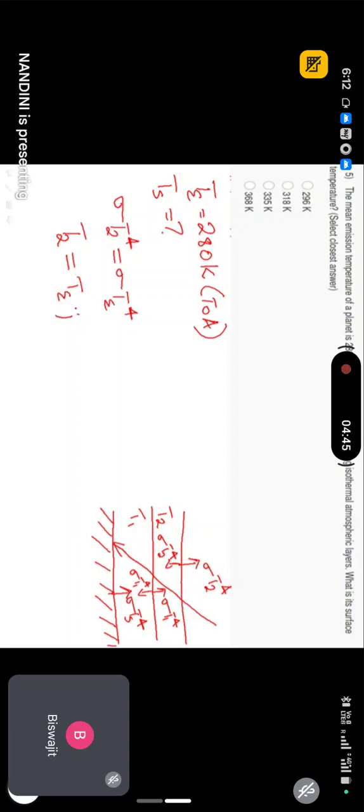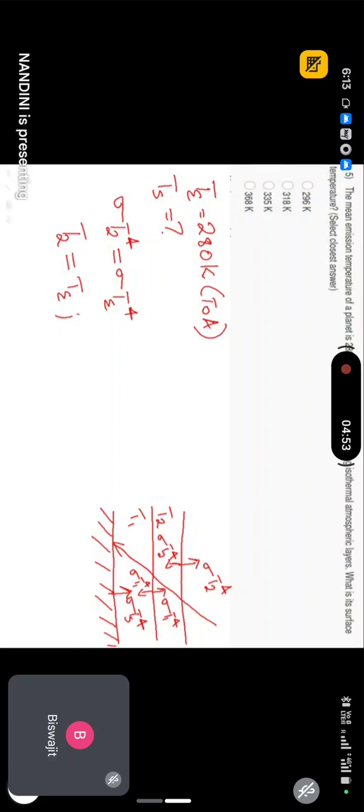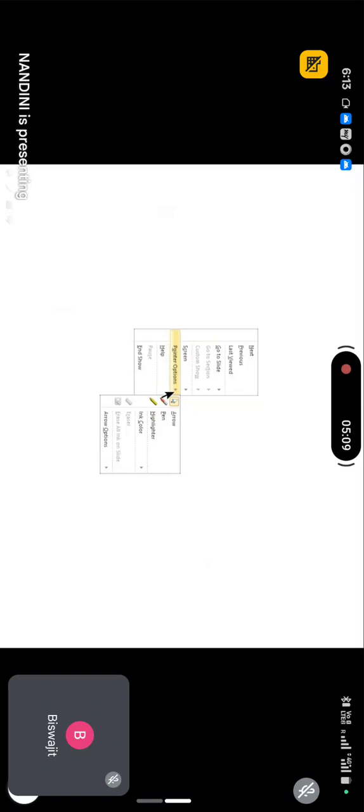So let's start with the energy balance for layer 1.